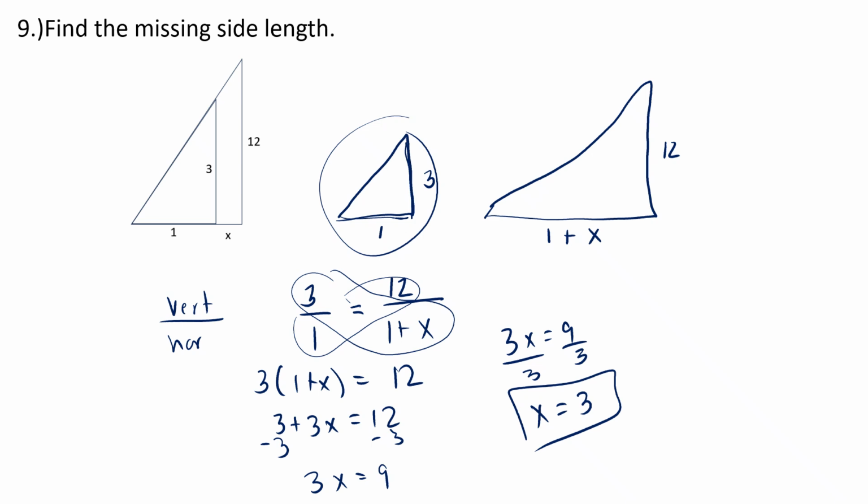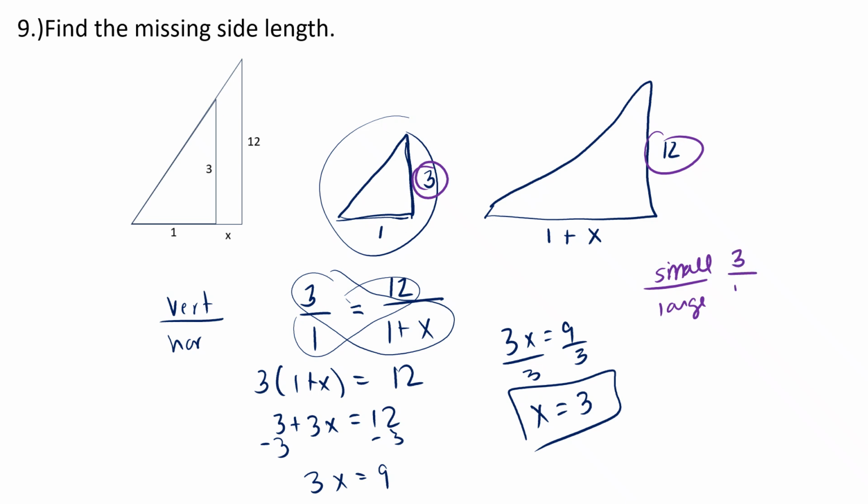Now, there's other ways you could set that up. I set it up as vertical over horizontal, and that's the way I did it in the lesson. So typically when I do it a particular way in a lesson, most of my students will mimic me. They will say vertical over horizontal, but you could do this. You could do the small triangle to the large triangle, okay? And then compare the vertical pieces.